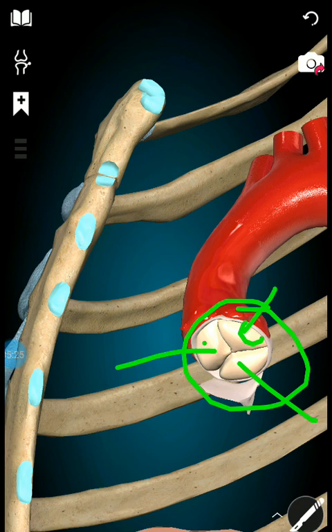Then the left posterior aortic sinus gives rise to the left coronary artery, so it is known as the left coronary sinus. Then the right posterior aortic sinus does not give rise to any coronary artery, so it is known as the non-coronary aortic sinus. That is all about these dilatations.